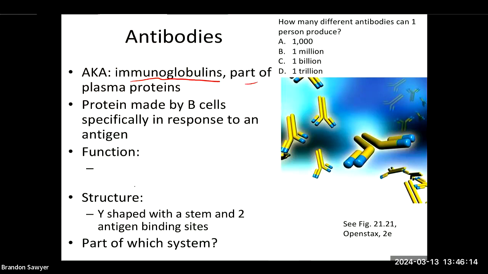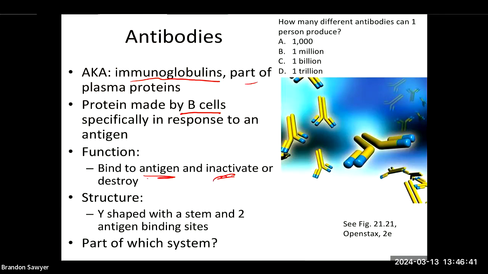But yes, antibodies are the things created by the immune system to go against whatever came into our bodies, right? These immunoglobulins are made by the B cells. The function of these is to bind to the antigen and then either inactivate it so it can't infect one of our cells, or just destroy it.